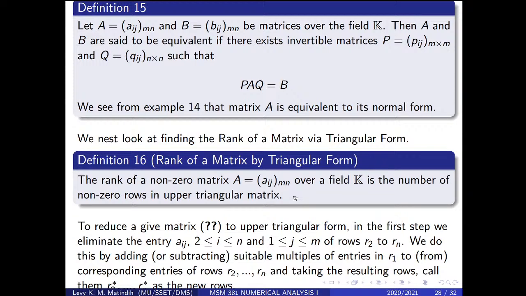So definition number 16 is saying, the rank of a non-zero matrix A over a field K is the number of non-zero rows in an upper triangular matrix.